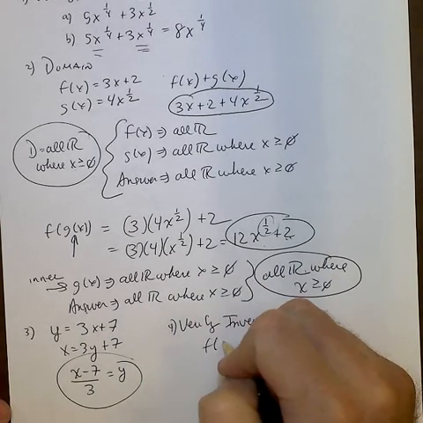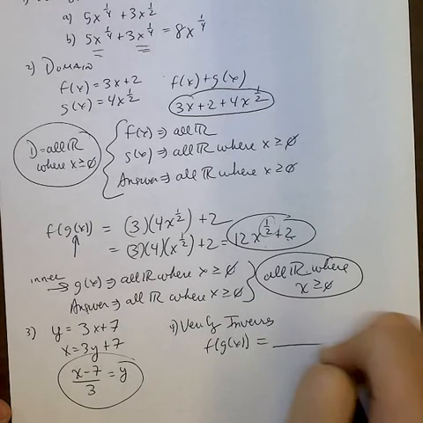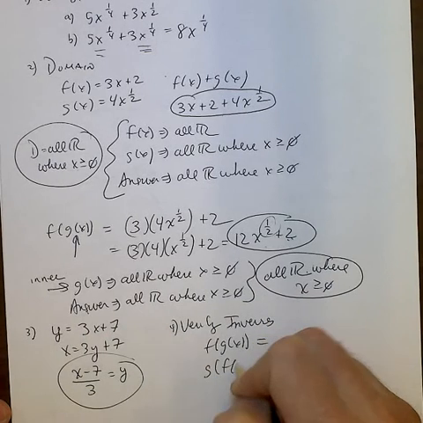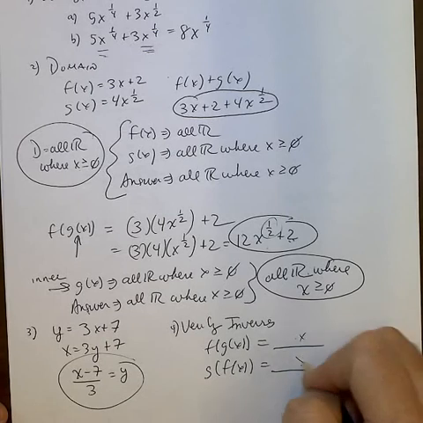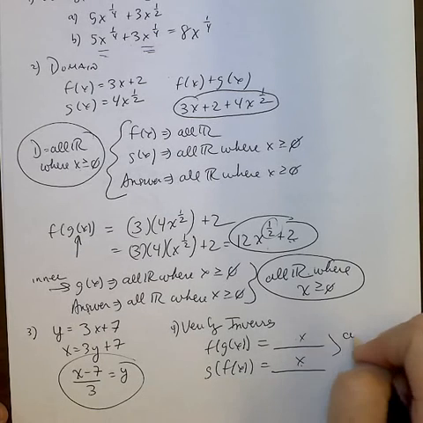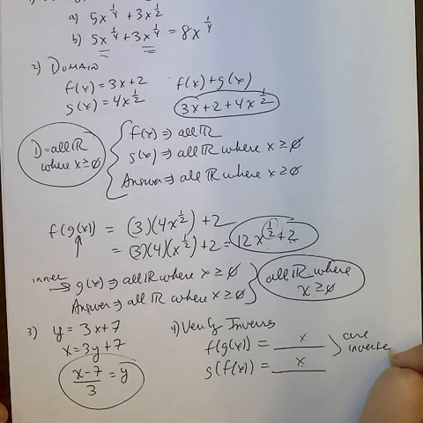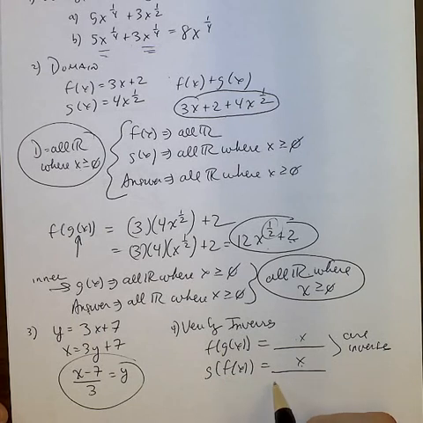You're going to calculate f of g of x, you're going to calculate g of f of x, and if both of these are x, then the two functions are inverses. If f of g of x is not equal to x and g of f of x is not equal to x, meaning just one of them doesn't have to be equal to x, then you're going to tell me on the quiz that f of x and g of x are not inverses.